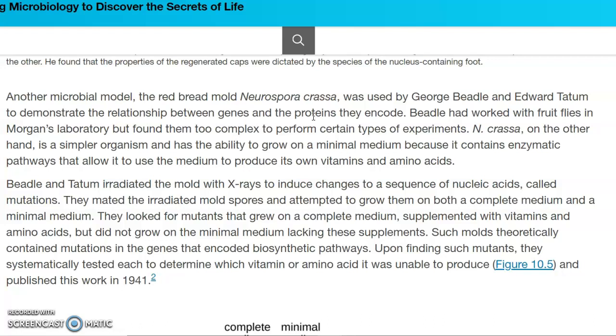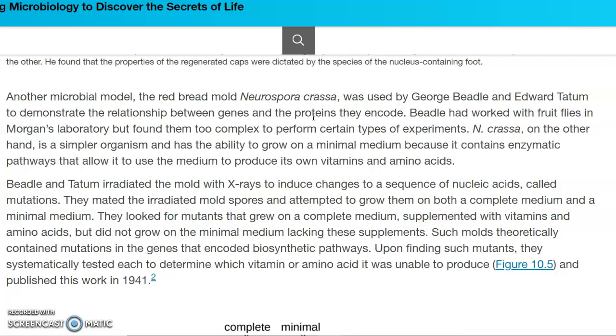So another team of scientists, Beadle and Tatum, worked on a particular bread mold, and they were trying to determine the relationship between genes and proteins. So we have this idea that we have these chromosomes, we have these genes on them. Then how do we get to the proteins, essentially? And so Beadle had worked with Morgan on the fruit flies and found them a little too complicated, so he said, let me pick something simpler. And so they chose mold.